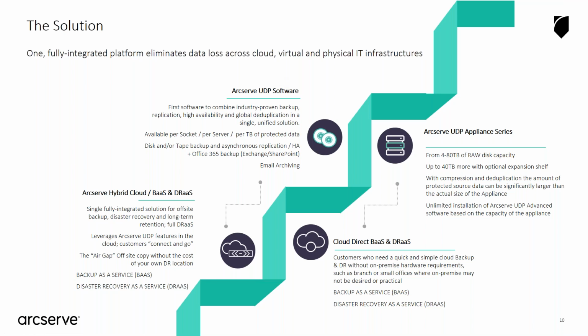UDP can come in two ways. It can be delivered as a software solution, which is licensed by the number of CPU sockets. Typically, that's the most common way of licensing UDP. I think it's fair to say that 90% of the customers I deal with are probably 80-90% virtualized now, if not higher.